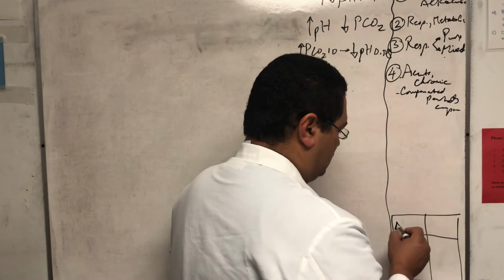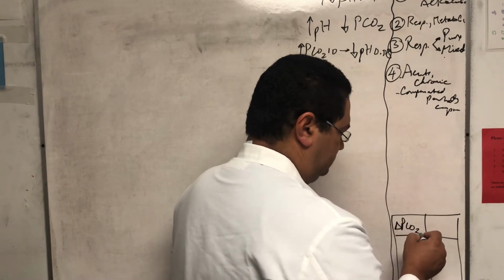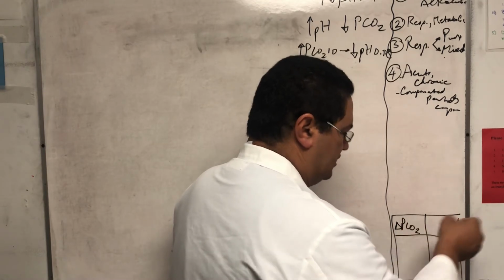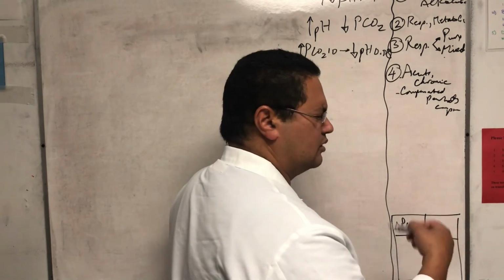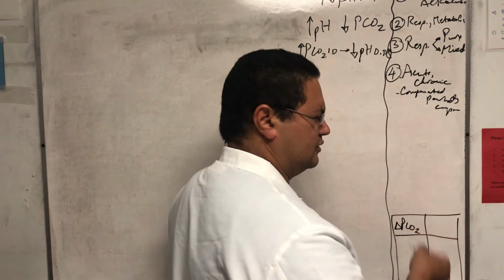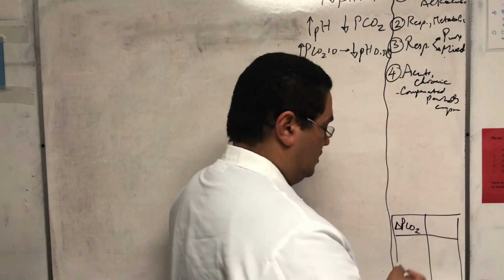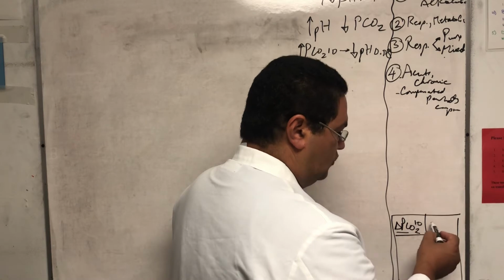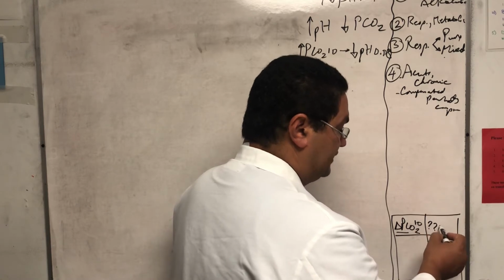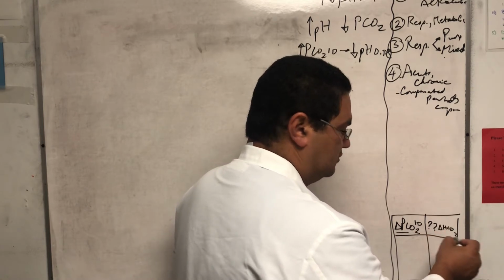This is a change of the PCO2, so we're talking about respiratory. This table is trying to find what is the metabolic compensation expected for different respiratory disorders. So for a change of PCO2 of 10, what is the expected change of bicarb?